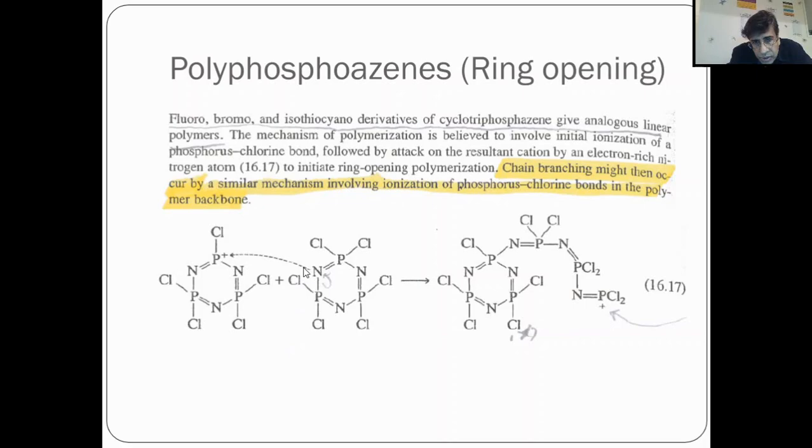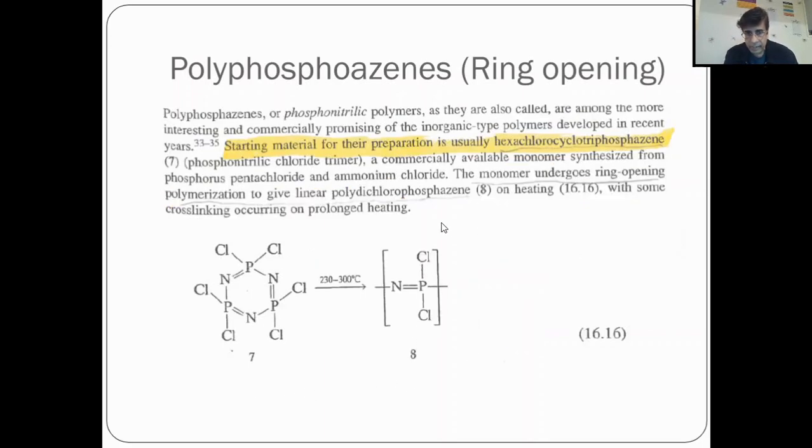When this nitrogen attacks here to make a connection between P and N, the bond between this P and N will break in favor of N. That is why, when this bond breaks, this chain will get a positive charge. That should be clear. Now this arrow is telling you to bring another monomer like this and do the same. That is the third and then the fourth, and then you make several arrows and write the final product like that. This is the mechanism of the ring opening polymerization.